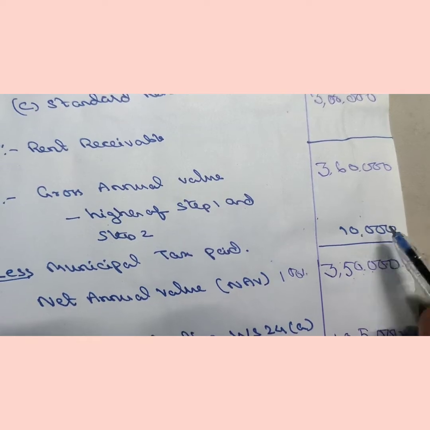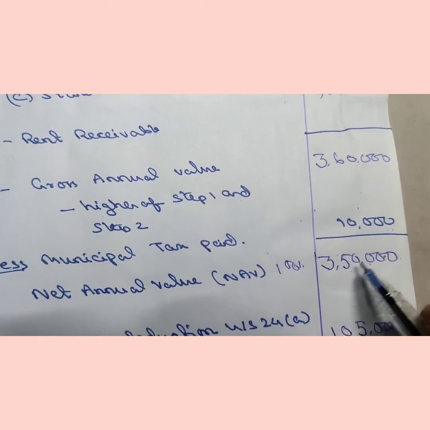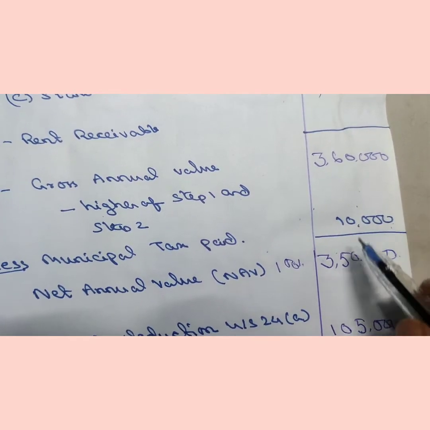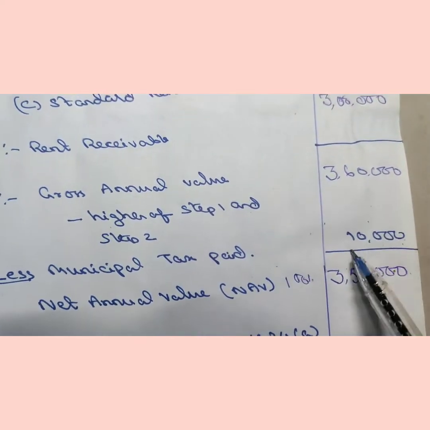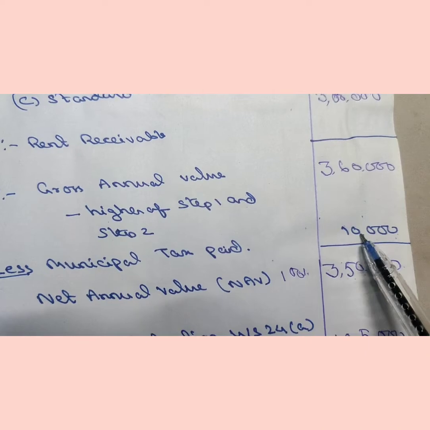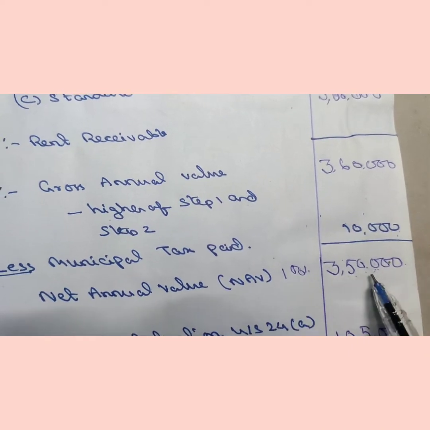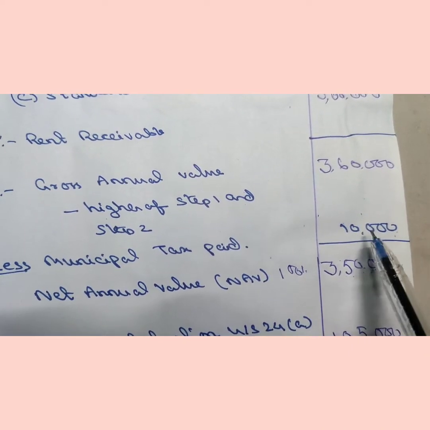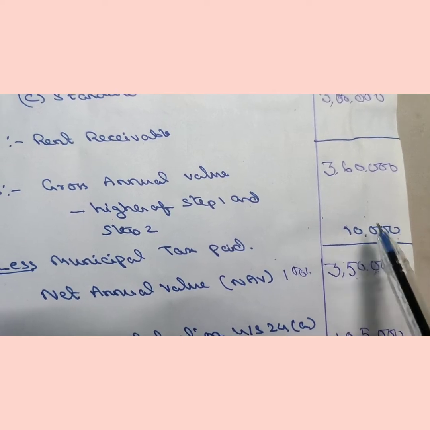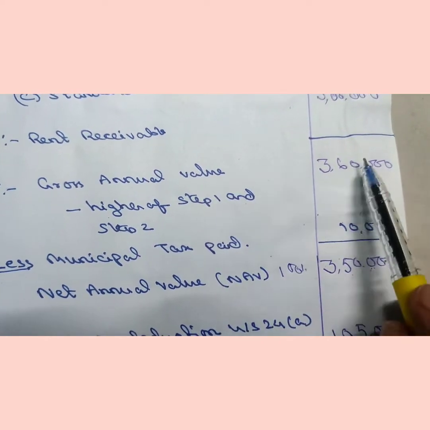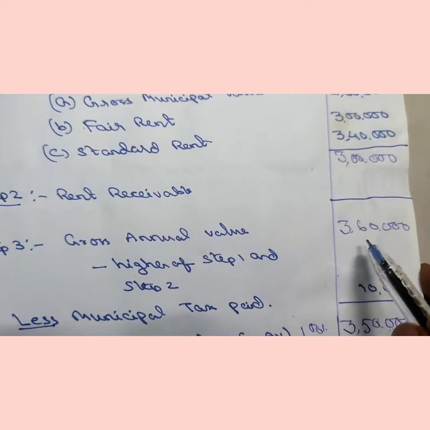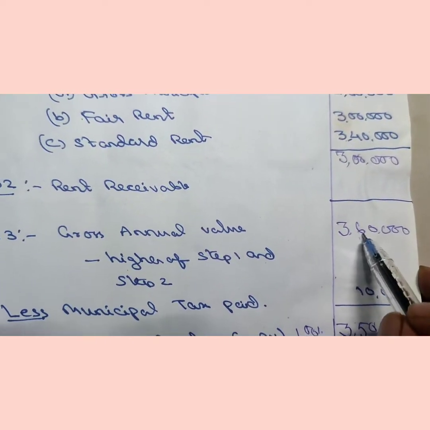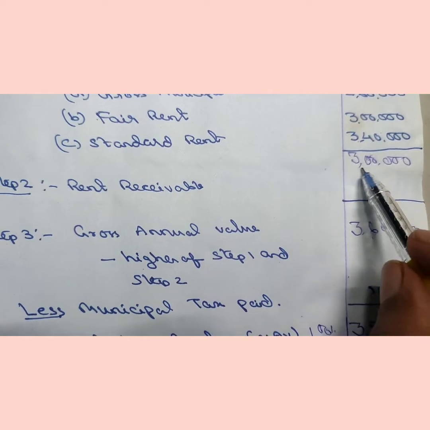After adding this municipal tax with the net annual value. That means it is actually a back calculation. We always deduct municipal tax from gross annual value. Here we have got net annual value and municipal tax paid is given in the question. So to come to gross annual value, we have to add these two, and we got the gross annual value of rupees 3,60,000.